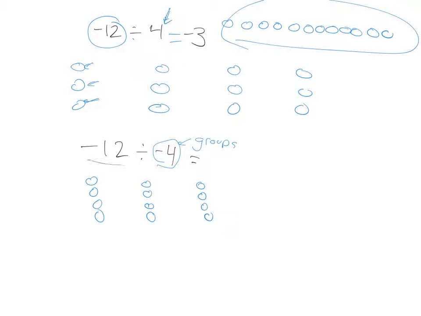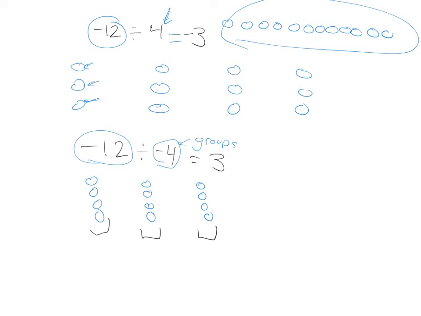So I took my negative 12 pieces and I put them in groups of negative 4. Now here's the answer. How many groups do I have? And the answer is I have 3 groups. Not negative 3 groups. Like, what's a negative group? Doesn't make any sense. I've got 3 positive groups, because I can only count groups as positive numbers.